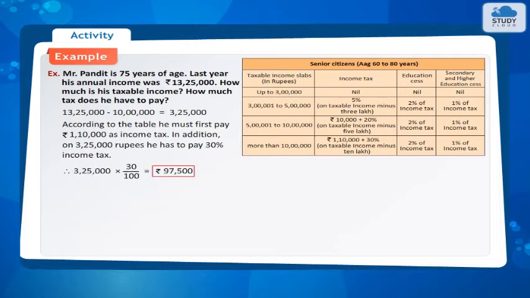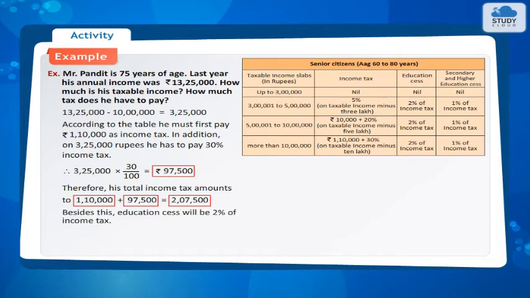Therefore, 3,25,000 into 30 upon 100 is equal to 97,500 rupees. Therefore, his total income tax amounts to 1,10,000 plus 97,500 is equal to 2,07,500. Besides this, education cess will be 2% of income tax.